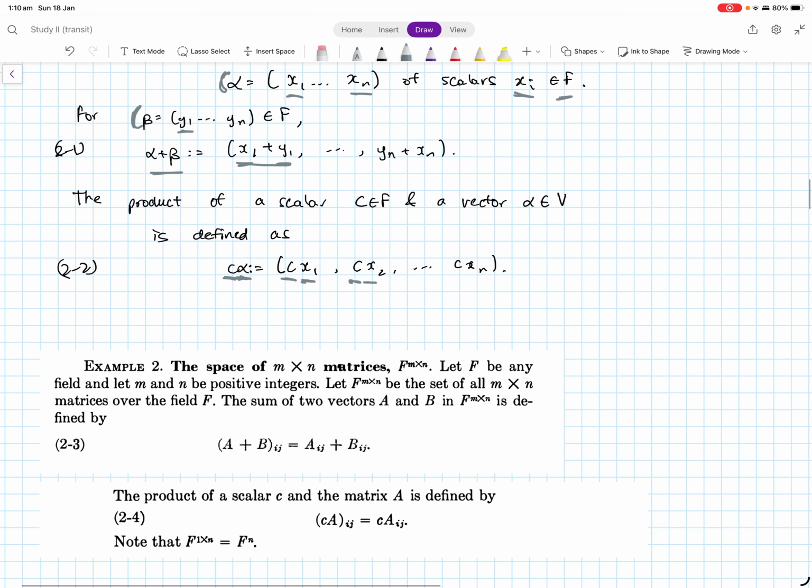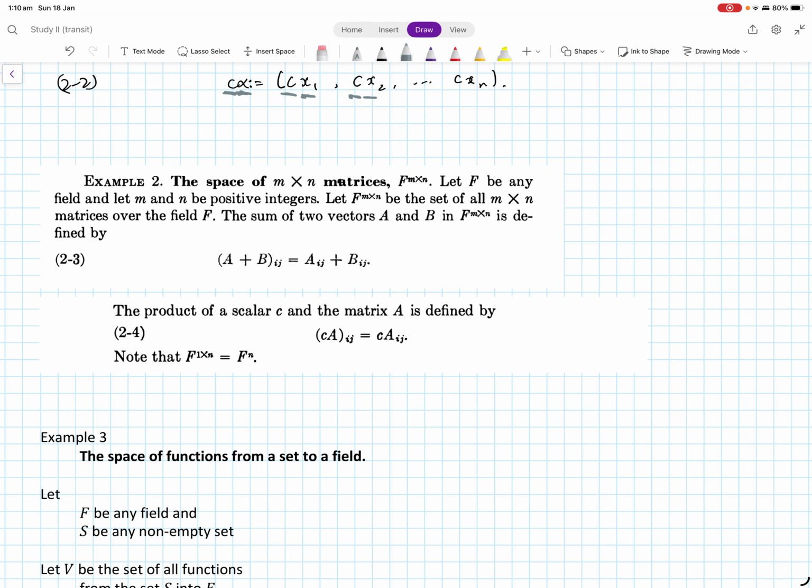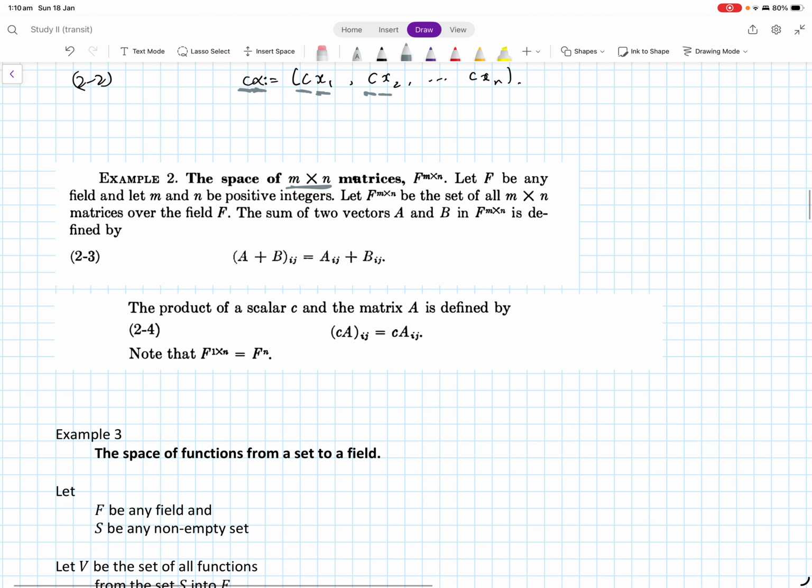All right, the next example in the textbook is the space of m cross n matrices, which they write as F^(m×n). Suppose F is any field and m and n are positive integers, then F^(m×n) is the set of all m cross n matrices over the field F. The sum of two vectors A and B in F^(m×n) is defined as follows: the ijth component of A plus B is given by the ijth component of A and B summed, right?